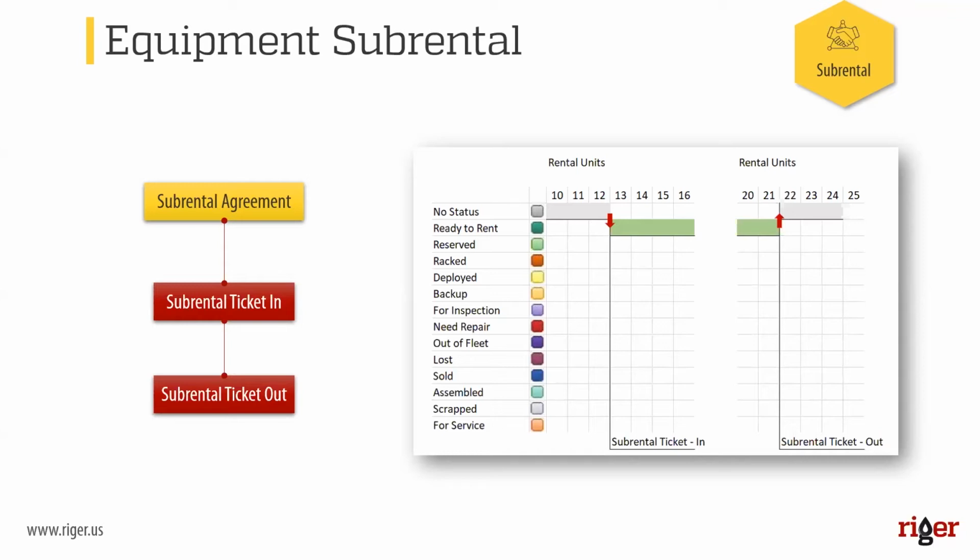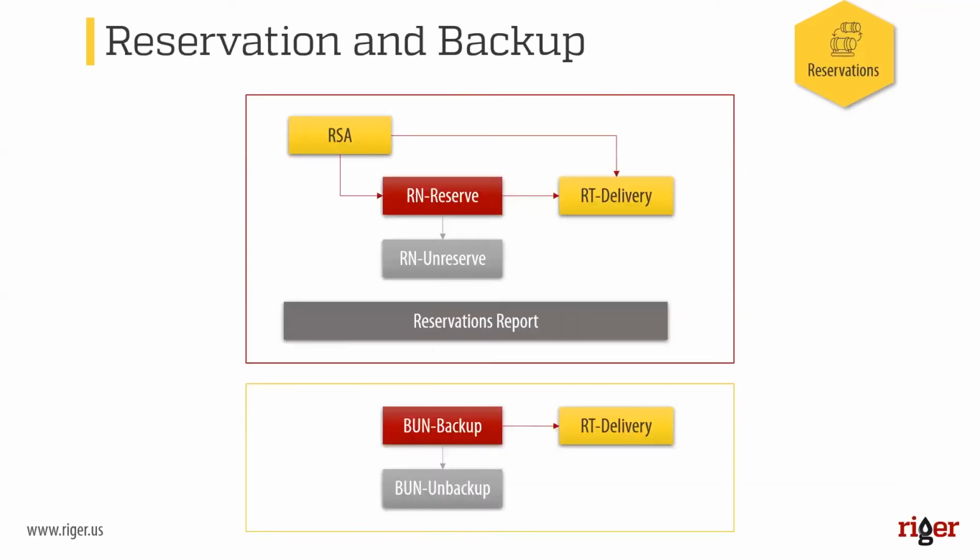And when you return the Subrental equipment to the vendor, you generate a Subrental ticket out, and the equipment goes out of your stocks and goes to the no status status. So still you have the history of all transactions with these pieces of equipment, but that is not available for the jobs anymore.